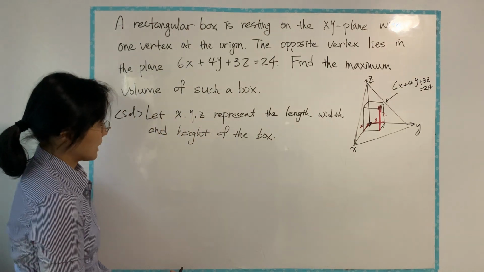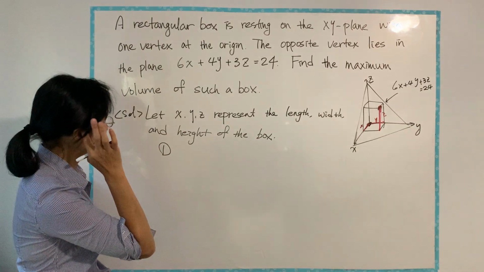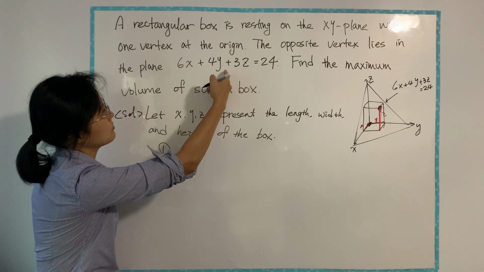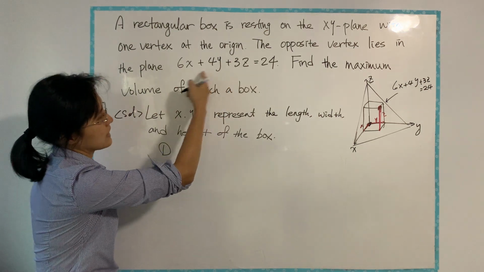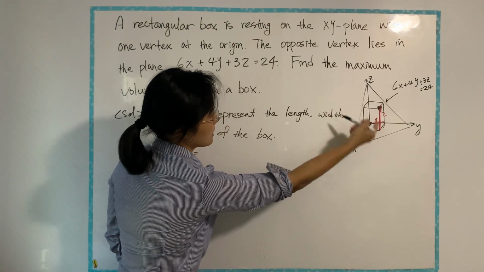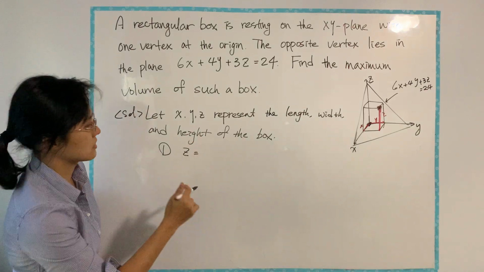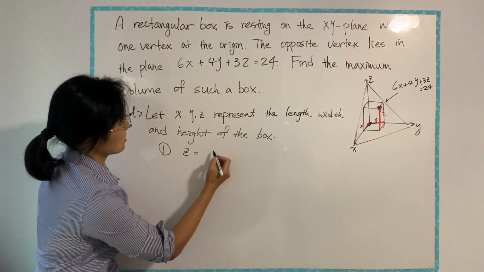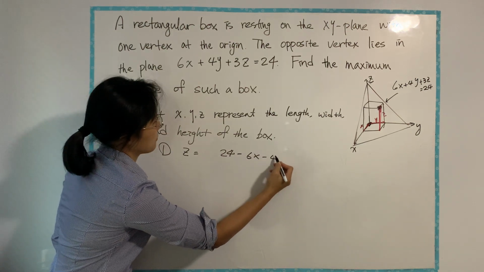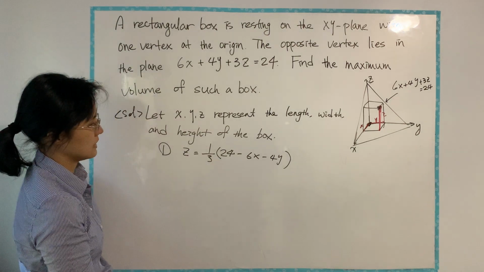If so, then what do I have? First of all, z can be expressed in terms of x and y, because z needs to be the z coordinate of the point on the plane. So that will be 24 minus 6x minus 4y, then divided by 3, right?